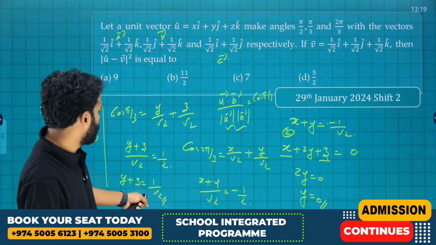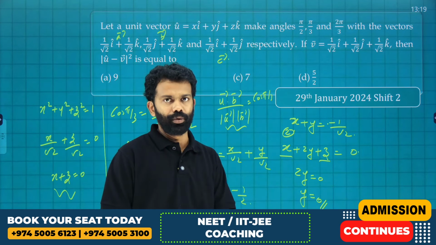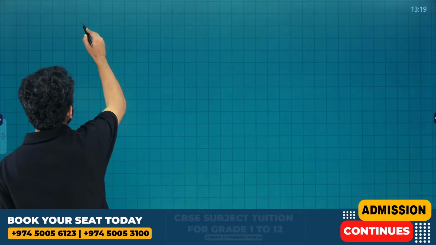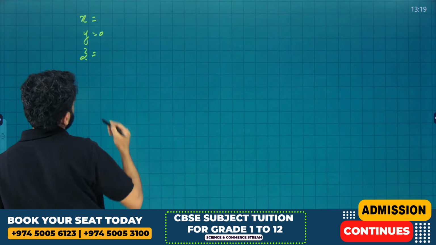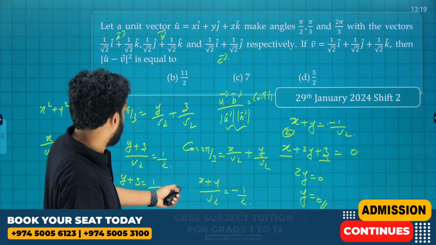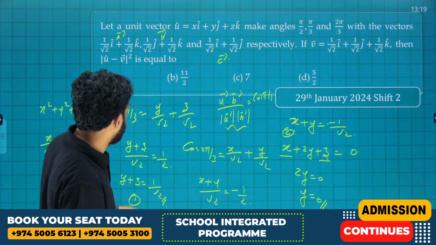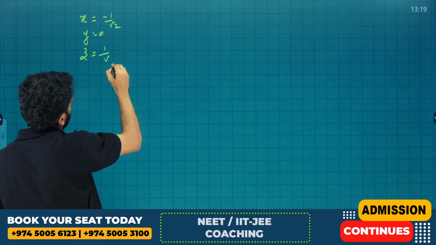If y is equal to 0, then z is 1 by root 2 and x is minus 1 by root 2. So now you got x, y and z: x is equal to minus 1 by root 2, y is equal to 0, and z is equal to 1 by root 2.